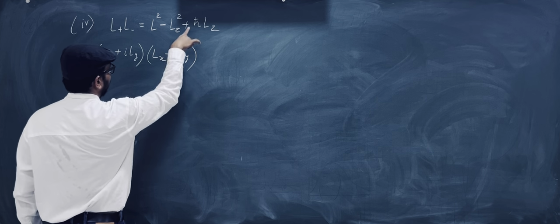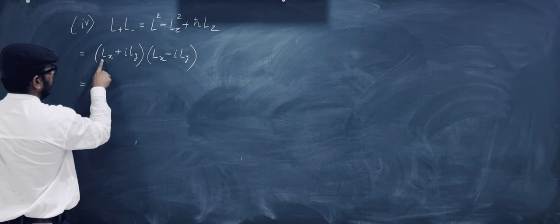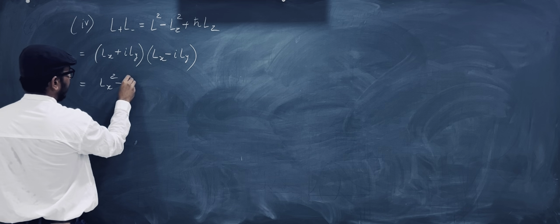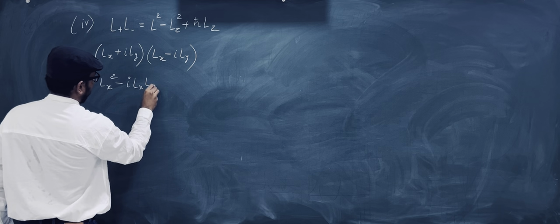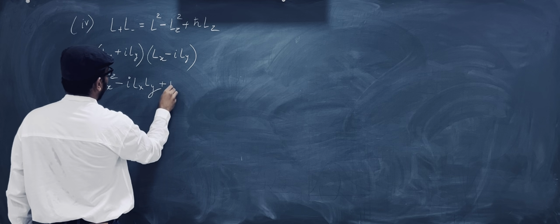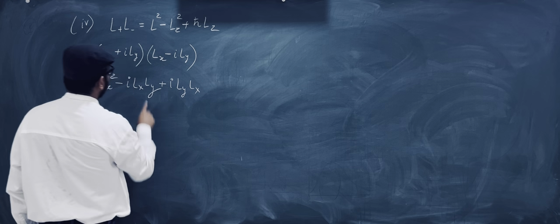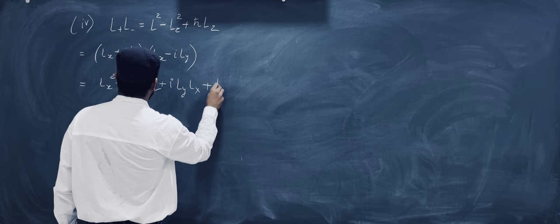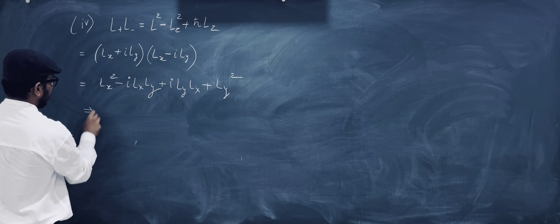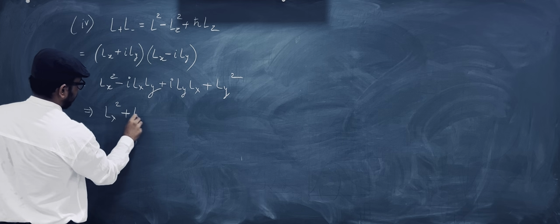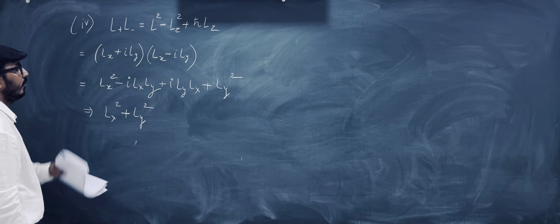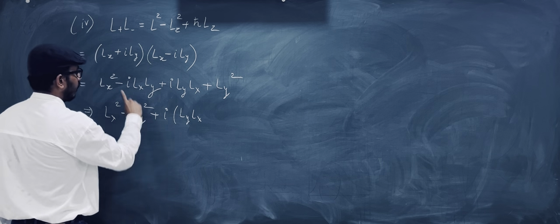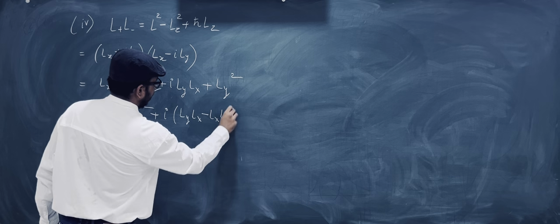So you have to prove that this thing is equal to this. So this can be written as Lx square minus I Lx Ly plus I Ly Lx, and this is minus I square is plus 1, so it's plus Ly square. So this can be written as Lx square plus Ly square, and if we take I out of it, this will become Ly Lx minus Lx Ly.